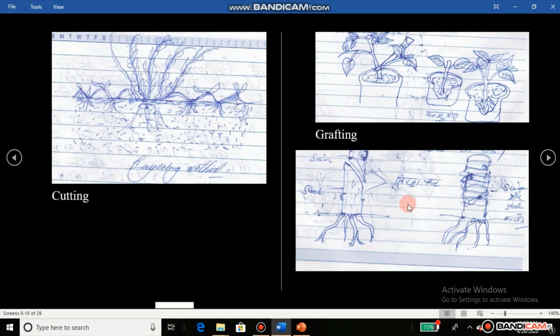Whenever you want a different quality in the same plant, it means that you have the plant, but some qualities you like and some qualities you don't like.